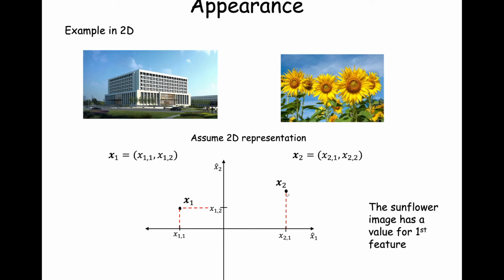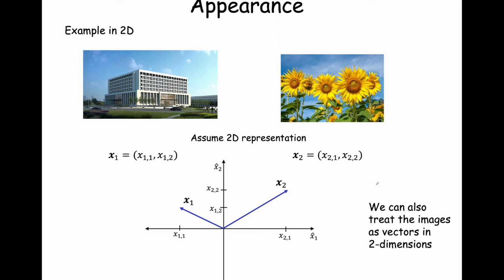It has a value for the first feature, x21, and it also has a value for the second feature that we're calling x22. All right, and so this is how we think of points, and now we can treat these images as points in 2 dimensions because we're representing each one of these images' content as a 2 vector, right? So we have 2 positions, 2 measurements, if you will.